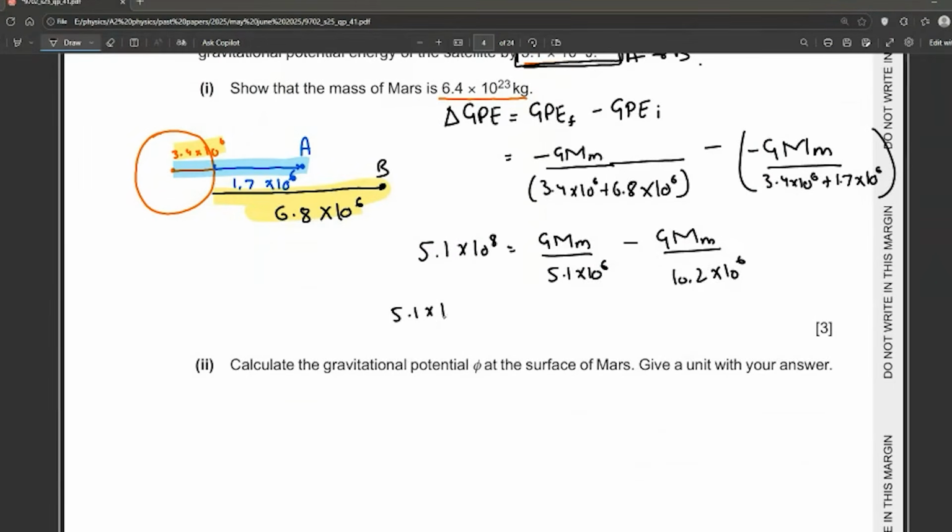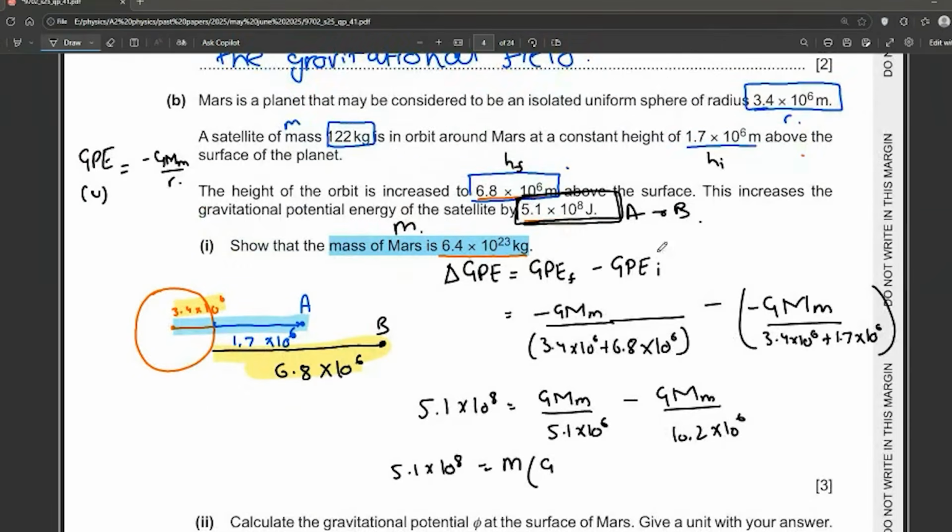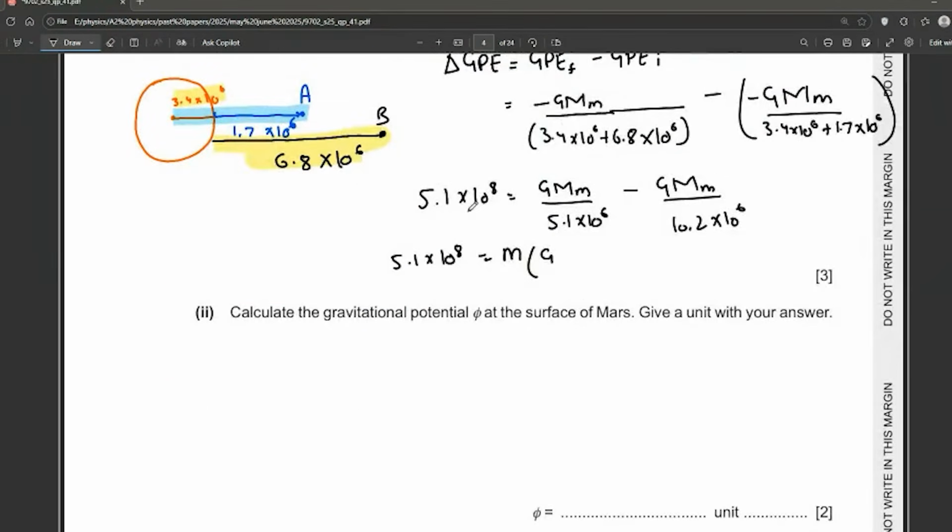5.1 into 10 raised to the power of 8. What do you have to calculate? You have to calculate the mass of Mars, that is capital M. Let's take capital M as common. Capital G, what is the small mass? 112.